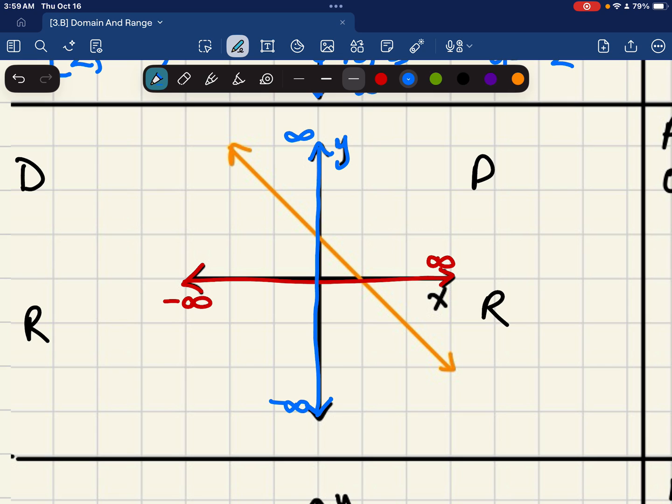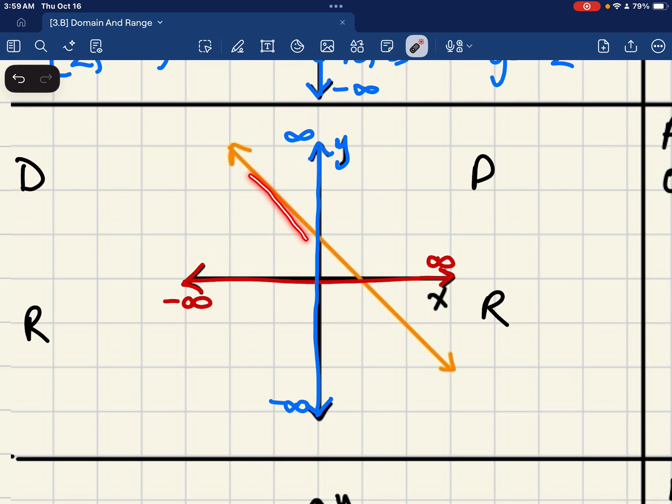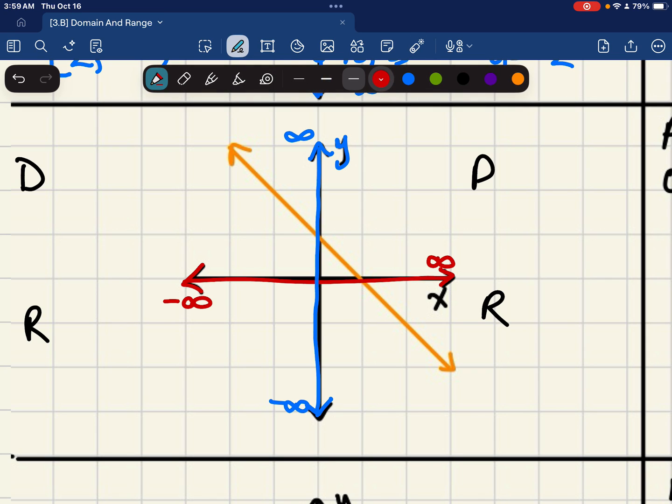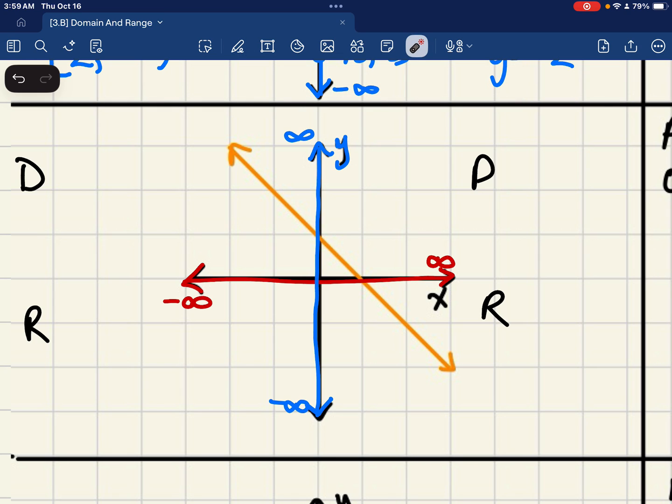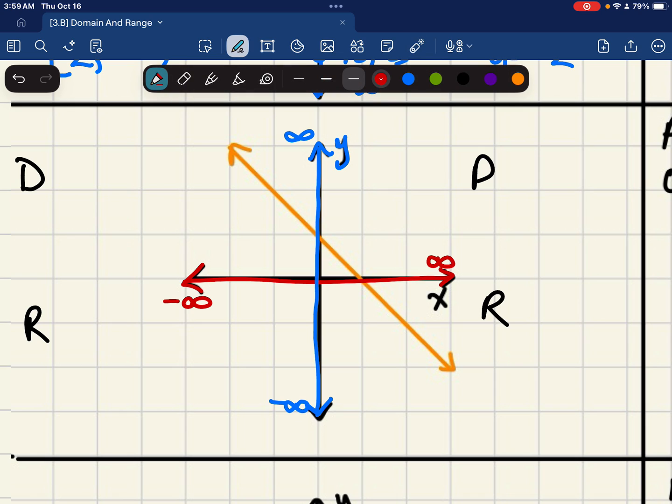So when I look at this orange line, this side is going to the left and up. This side is going to the right and down. So when I go to write my domain, I'm looking from left to right. So this one goes left for forever. So I say -infinity.